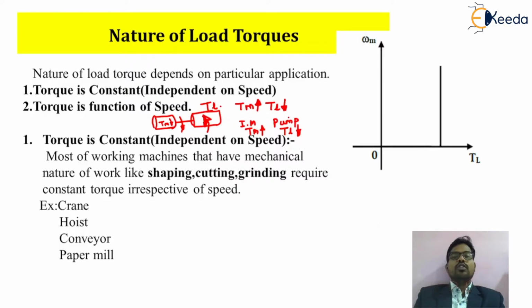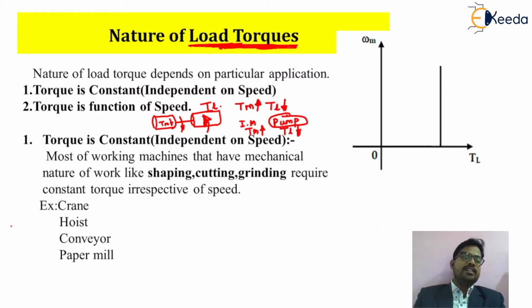The load, which is the pump, has a torque, and that torque is called the load torque. Now we want to understand which type of nature the load torque possesses, that is, the nature of load torque.